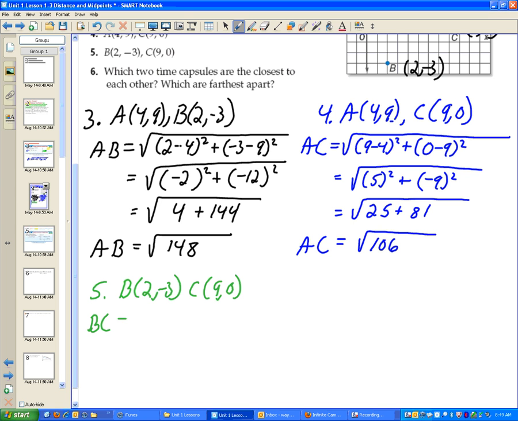So the distance between B and C will be the square root of x2, that'll be 9, minus x1, that'll be 2, quantity squared, plus y2, that'll be 0, minus y1, that'll be negative 3, quantity squared.